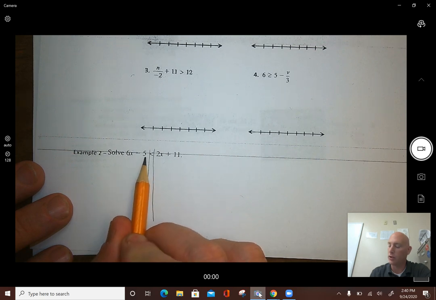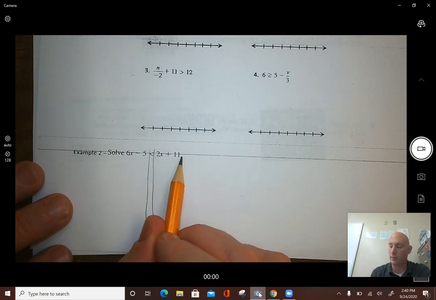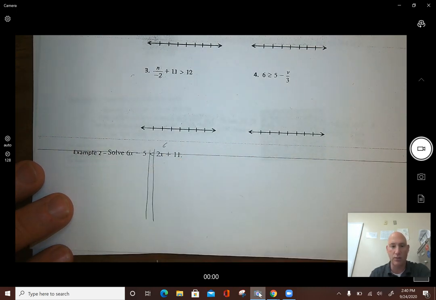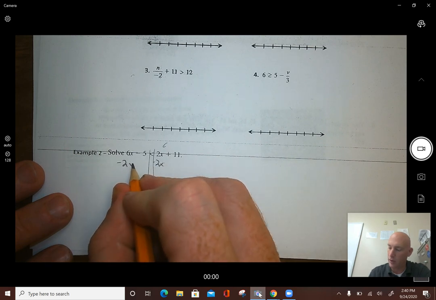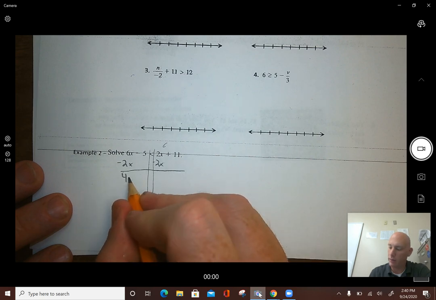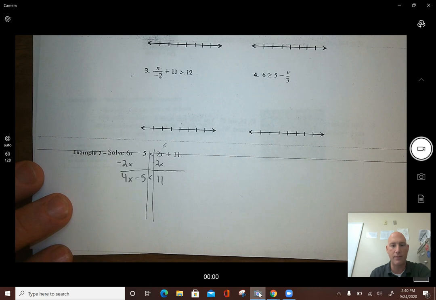So I look, no distribution, no combining like terms. I want my variable on one side. I'm going to get rid of that 2x, so I'm going to subtract 2x from here and subtract 2x from there. I'm left with 4x minus 5 less than 11.